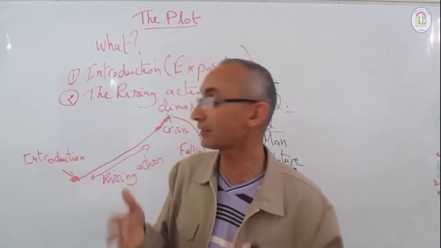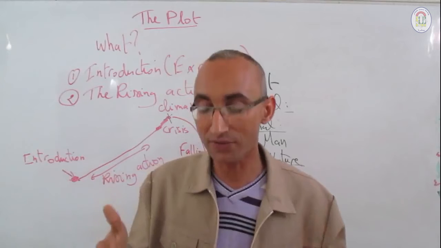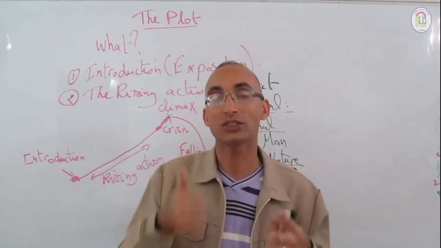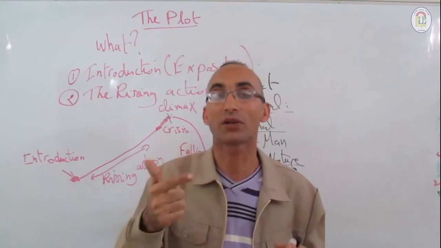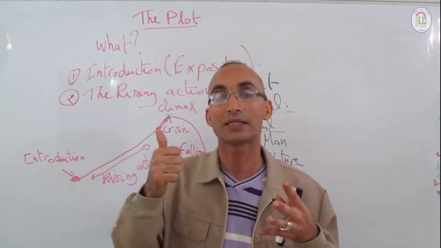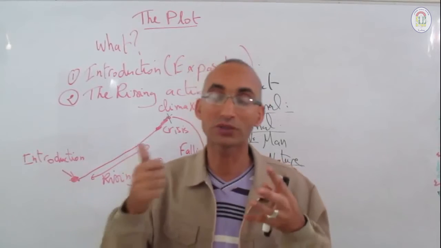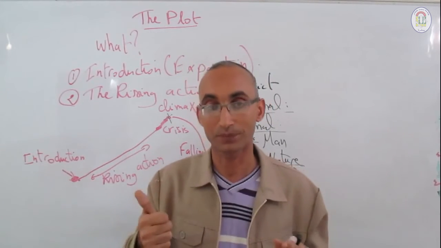So this way is called chronological or linear, a linear type of ordering the plot events. Clear?